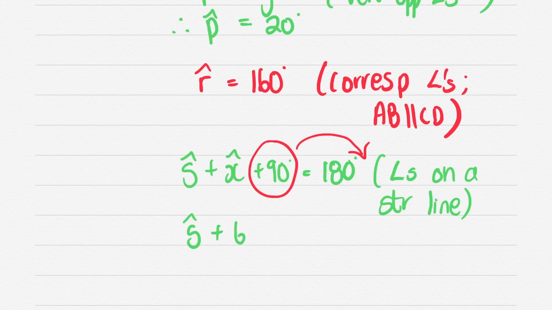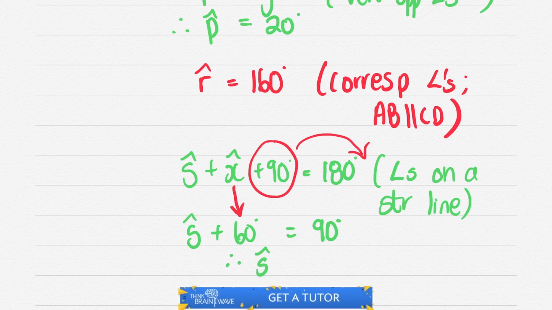Right, so the angle S and the angle X are equal to 90 degrees if you add them together. So X is equal to 60 degrees, and then we transfer the 60 across to the 90, subtracting it naturally as you change signs across the equal sign, and we say S is equal to 30 degrees.